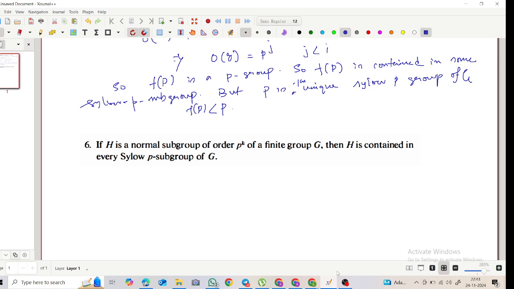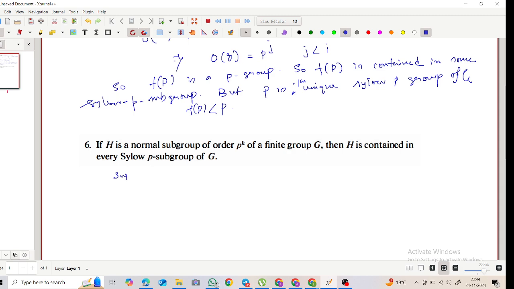So H is a normal subgroup of order p to the power k of a finite group G, then H is contained in every Sylow P subgroup of G.